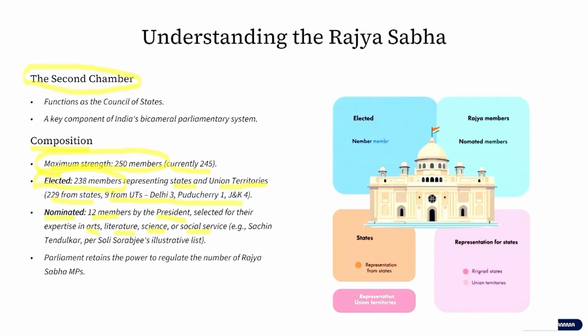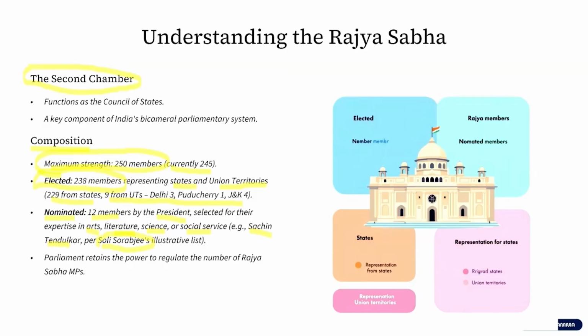Now, the question is, there are people like Sachin Tendulkar who do not find a place in either arts, literature, science, or social service. He is a sportsman. But still, how was he nominated to Rajya Sabha? The answer is that eminent constitutionalist Soli Sorabjee said that arts, literature, science, or social service is not an exhaustive list.